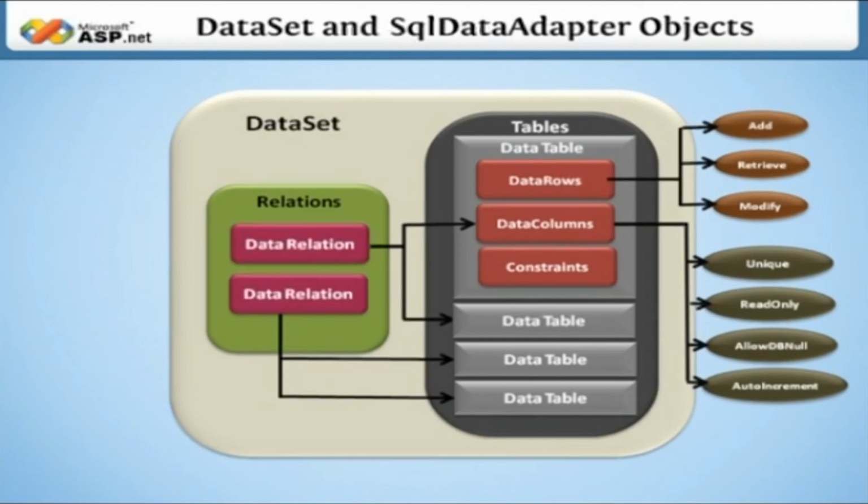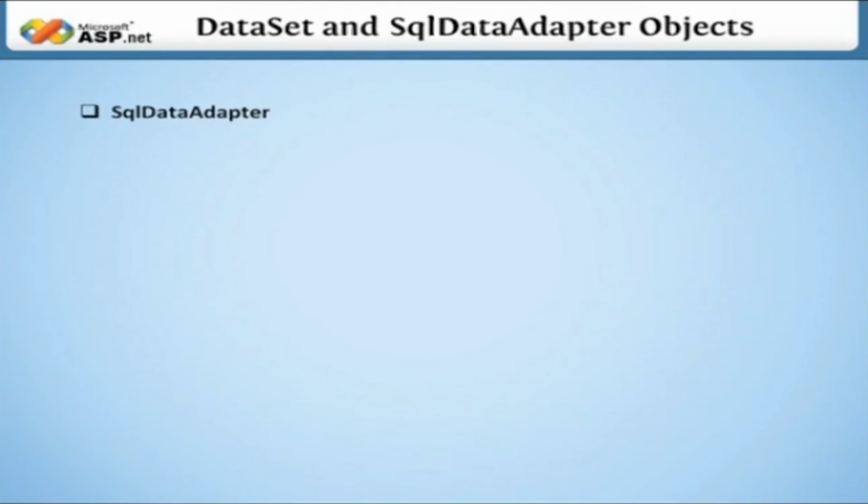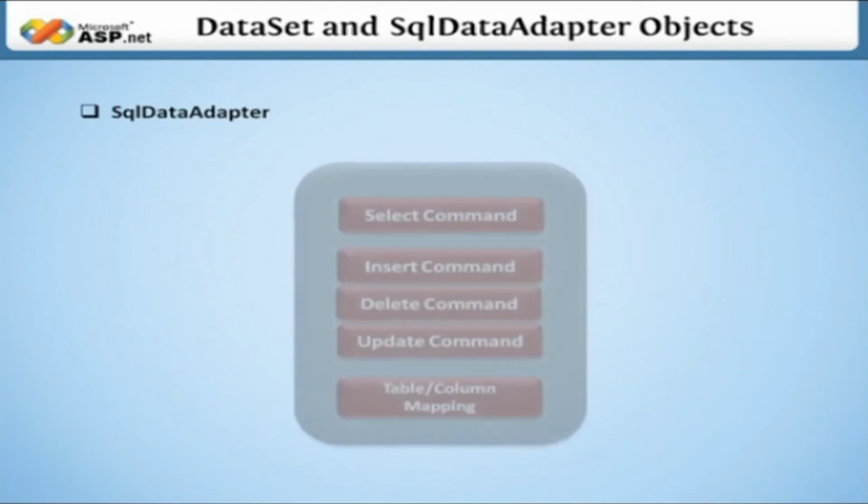The data relation object defines a relationship between two tables in a data set. It represents a classic parent-child or primary key-foreign key link between rows of data in the two tables. The constraint object defines a rule that can be enforced to ensure the integrity of the data in the data table. Now then, let's move on to SQL Data Adapter.